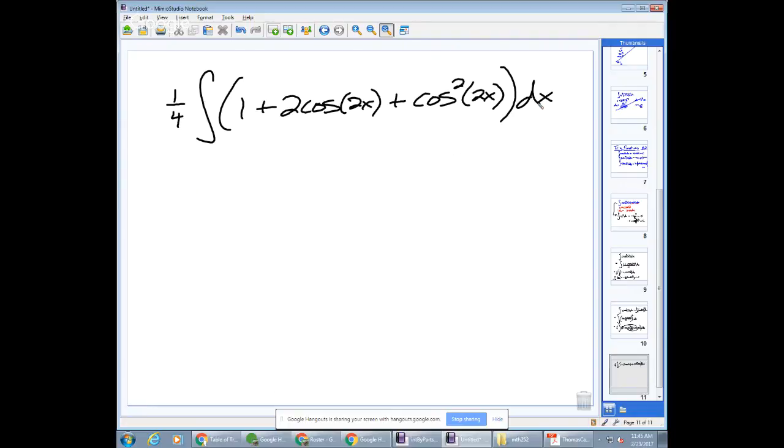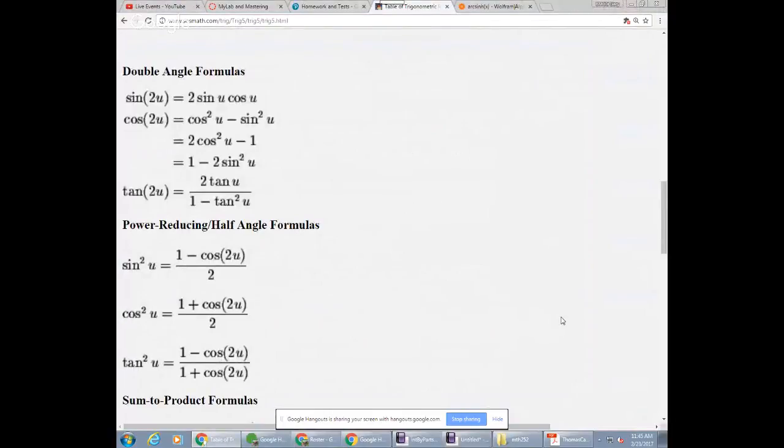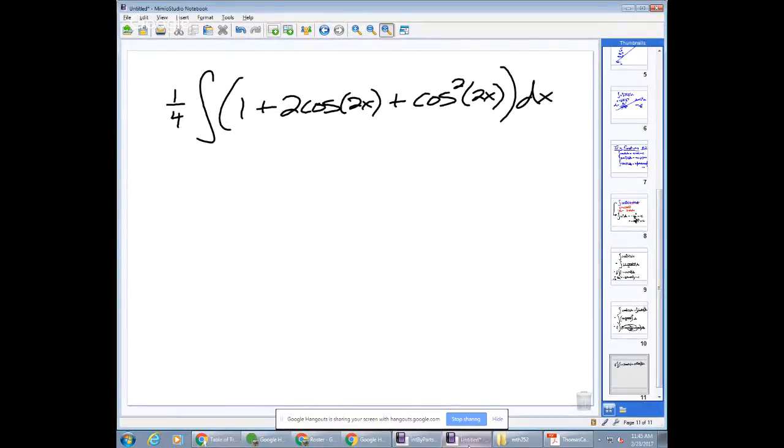We use our half angle formula again, and now notice they use a u in there, which helps me think about this one here. They say the cosine squared of u is 1 plus cosine of 2u over 2. Now our u here happens to be a 2x, so I'm going to get a 2 times 2x when I apply that. So we're almost ready to actually find some antiderivatives here.